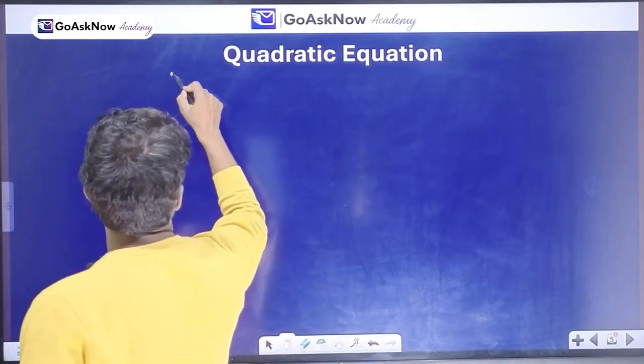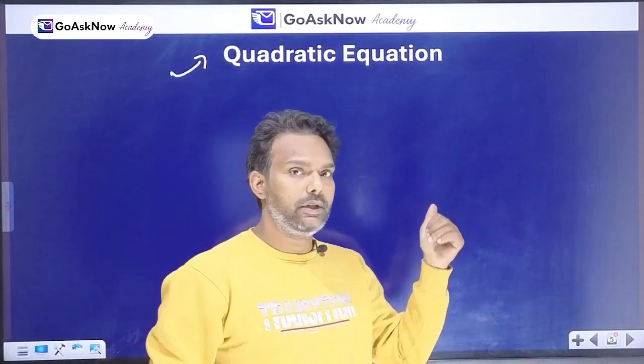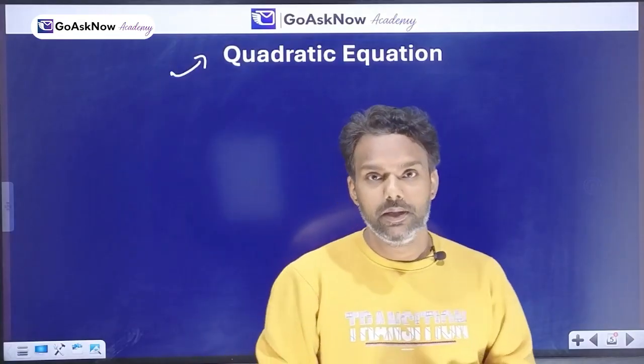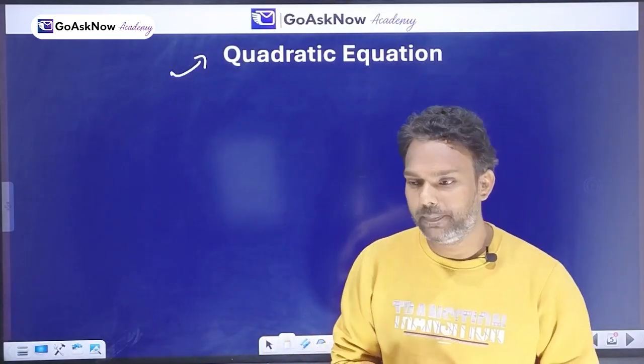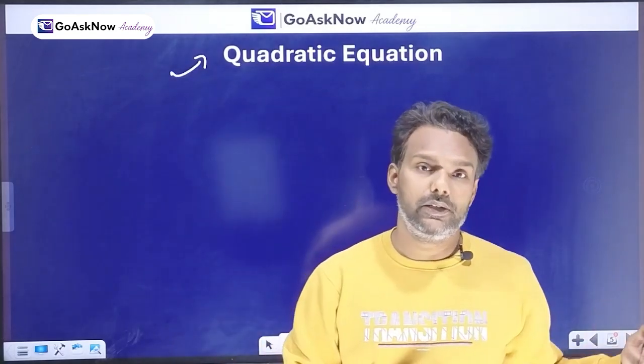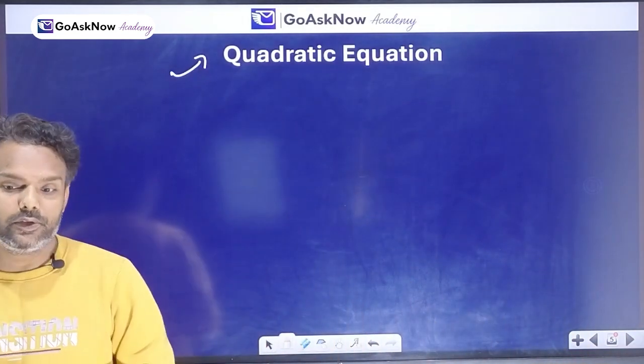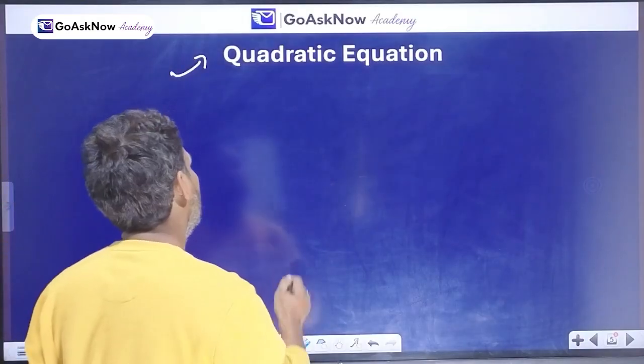Now let us move to the quadratic equation. In previous classes, you have also solved the quadratic equation by the factorization method, by the splitting the middle term method. Okay. But you haven't read about the concept of zeros and its relationship with their coefficients. So let's understand the structure of a quadratic equation.